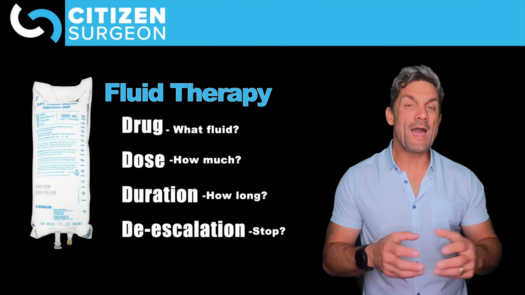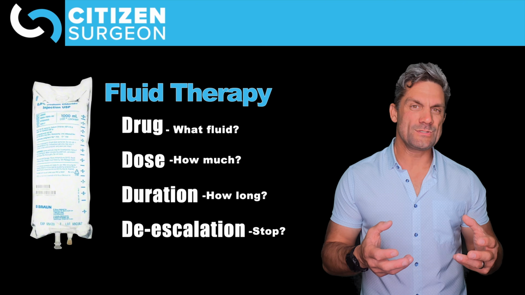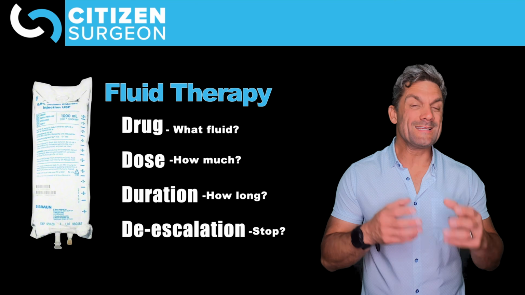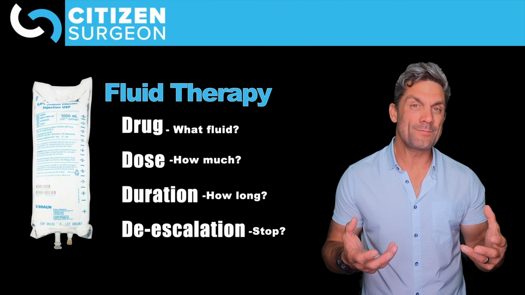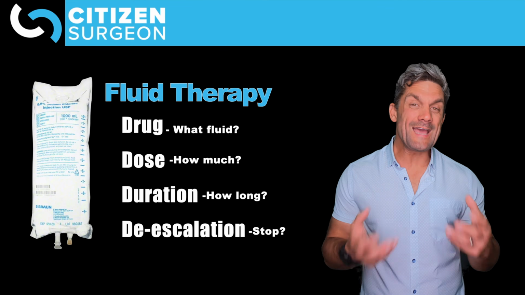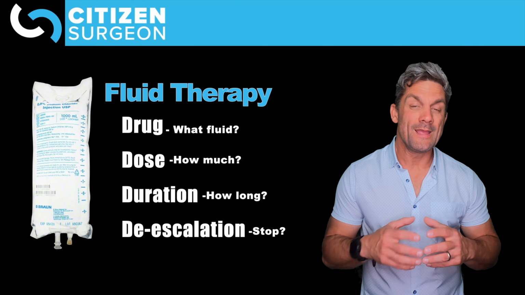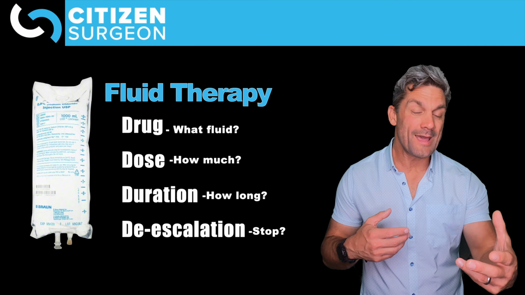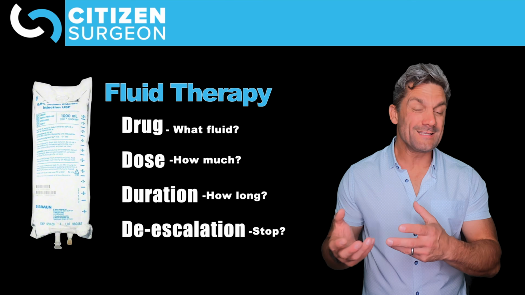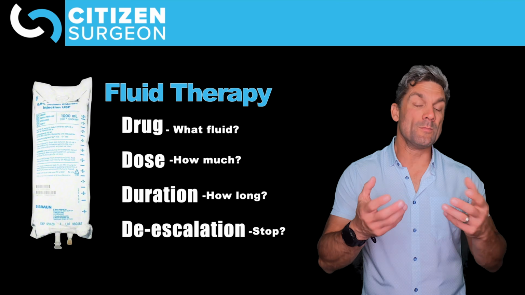All right, how much are we going to use? When do we need to stop? So how long are we going to use it? And when we de-escalate, do we stop the fluid, or now do we have to actively remove the fluid? Perhaps with a diuretic like furosemide, or with dialysis, so CVVH, to remove fluid.